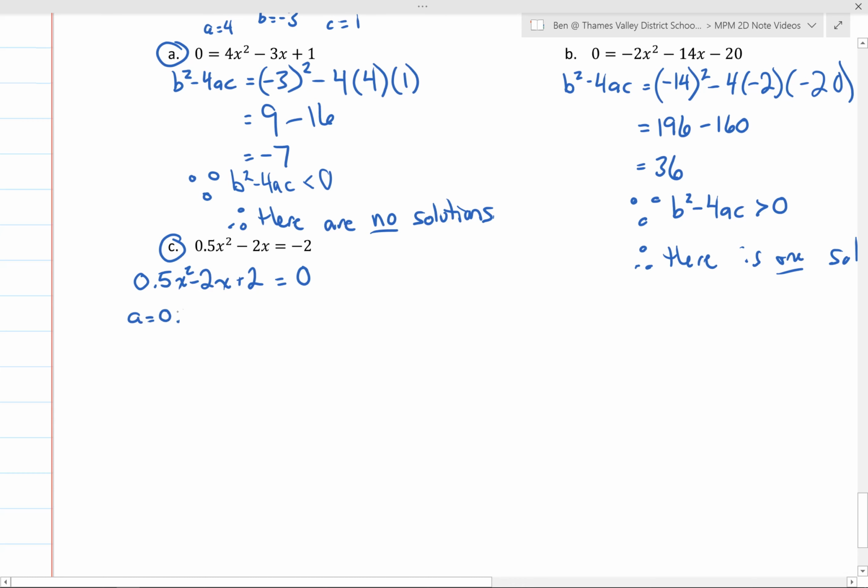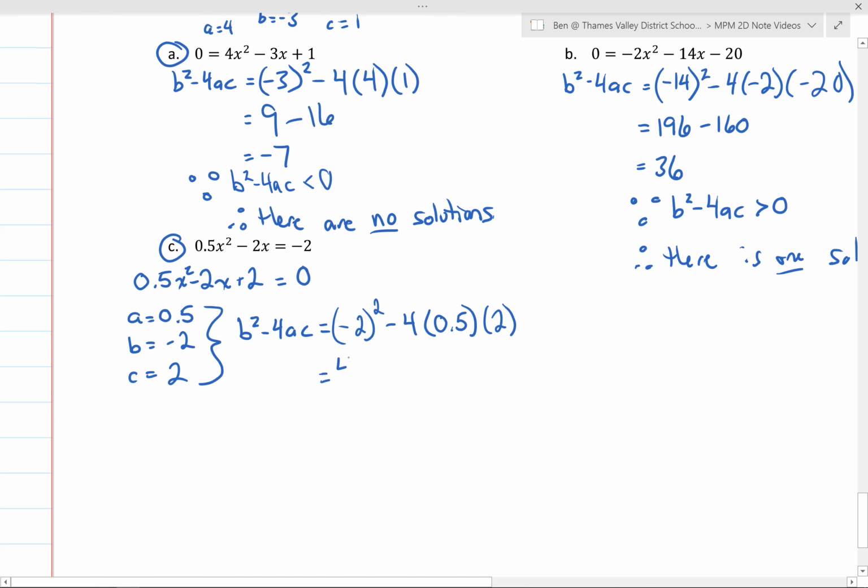So A equals 0.5 here. B equals negative 2. C equals 2. And we'll throw that into our discriminant. So b squared minus 4ac equals negative 2 squared minus 4 times a, which is 0.5, times c, which equals 2.